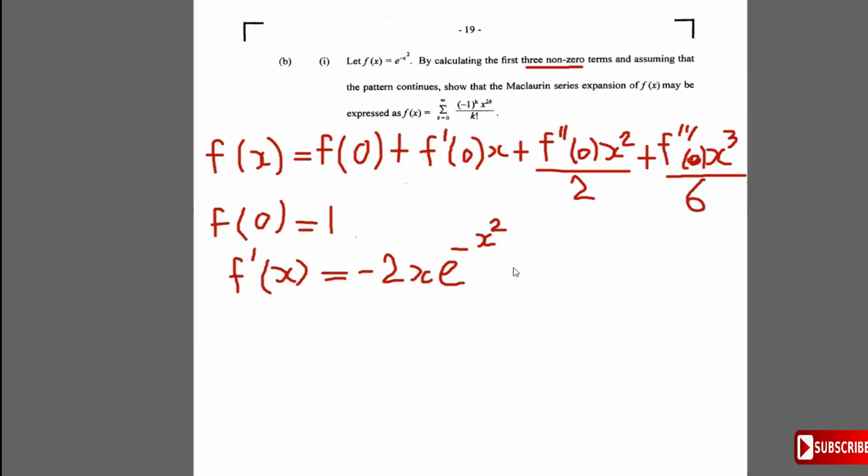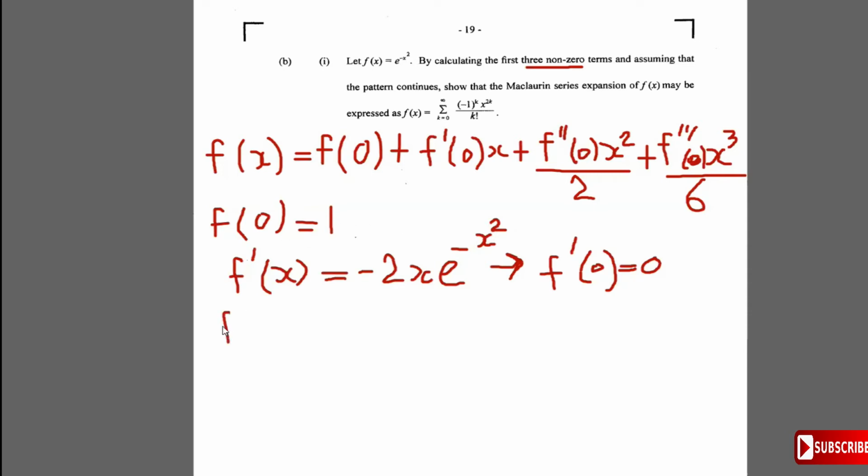And so f prime of 0, when I plug in 0 here, I'm going to get 0. That means this is a zero term, so I still need to find another term and another term. I only have one non-zero term so far.